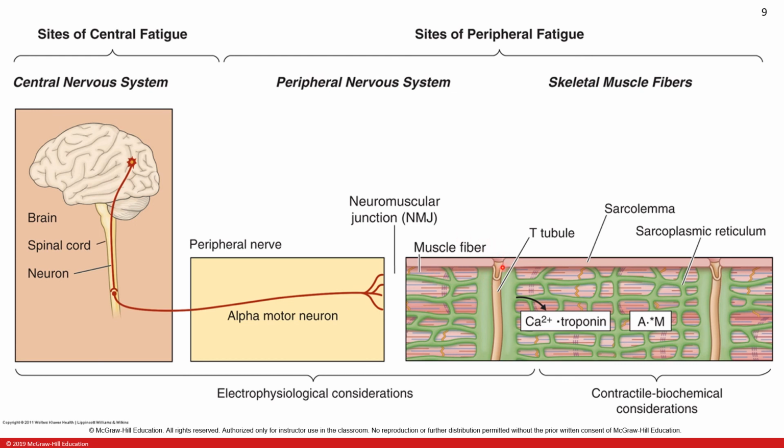And then we've got all the other problems of too much potassium in this T-tubule, of not enough glycogen storage, of not enough ATP or ADP, and then our central fatigue.